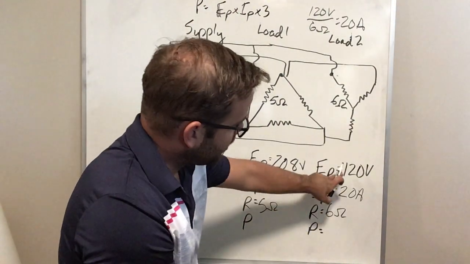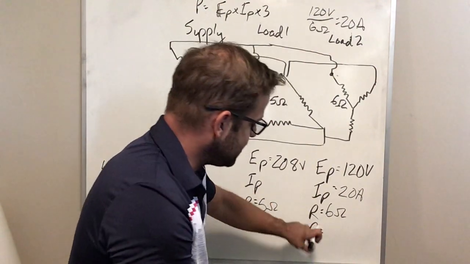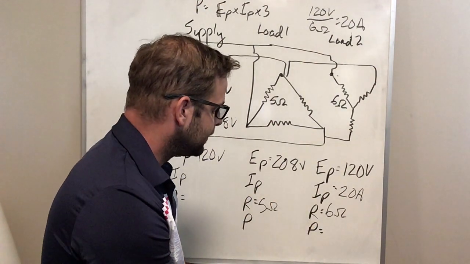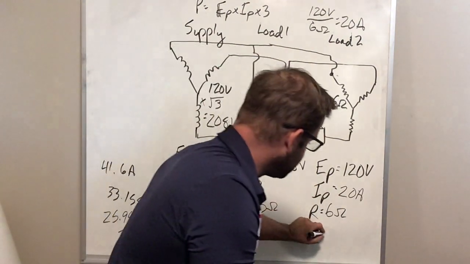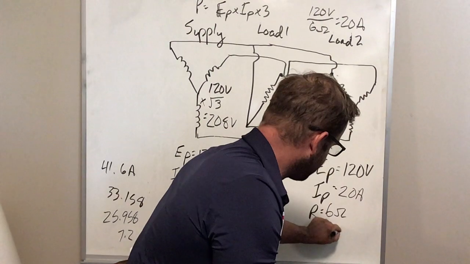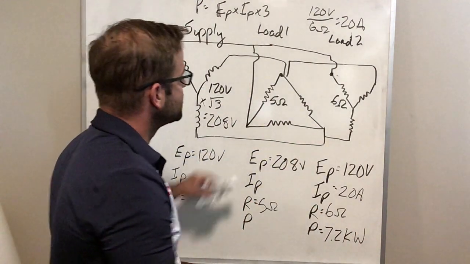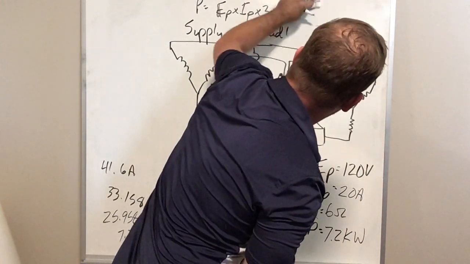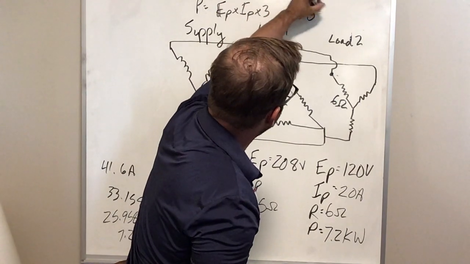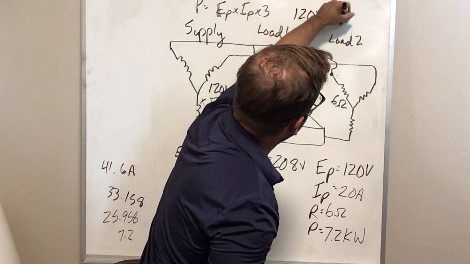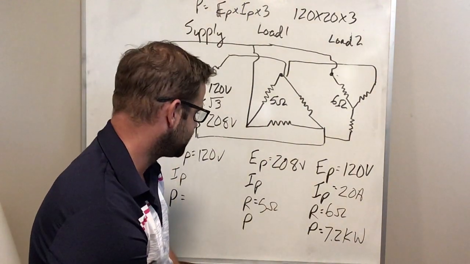So 120 volts times 20 times 3 gives us a total power of 7.2 kilowatts. Just going to erase this here. So 120 times 20 times 3 gives us our answer of 7.2 kilowatts.